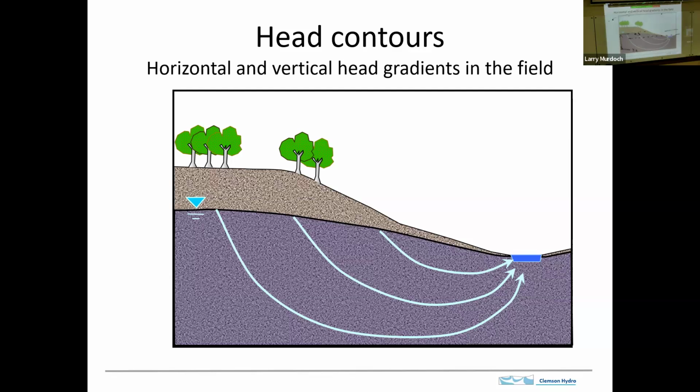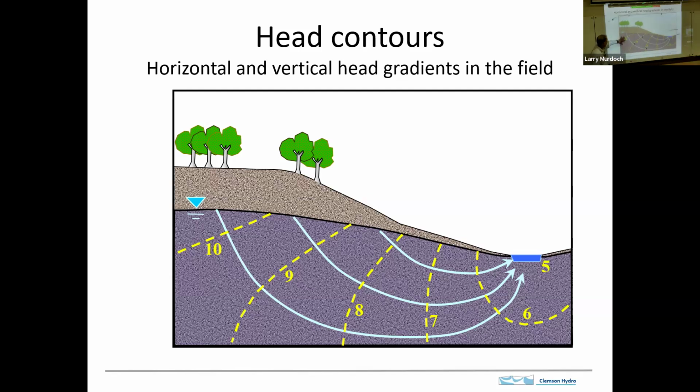And if we have a flow system that looks like this, which I sketched out on the first day, and if the flow is perpendicular to the head gradient, then this is what the distribution of hydraulic head would look like. And I've drawn, these are all right angles here.